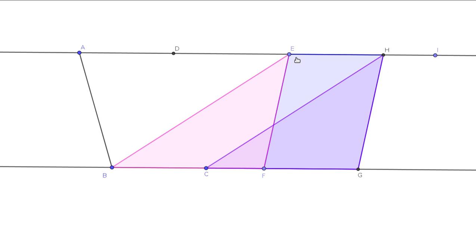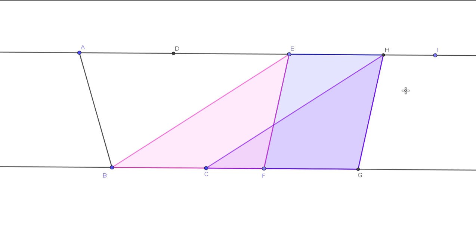So our angle BEF plus our angle FEH is going to be congruent to our angle CHG plus our angle GHI. And so what that means is that our angle BEH is going to be congruent to our angle CHI.